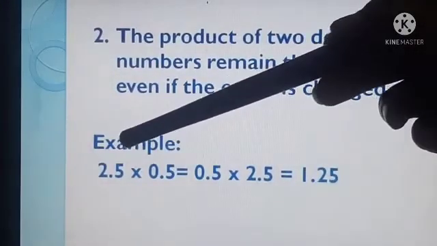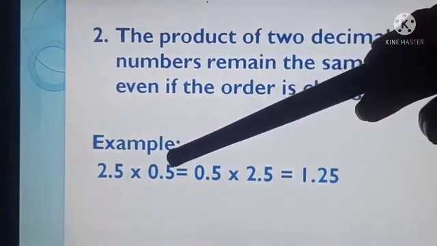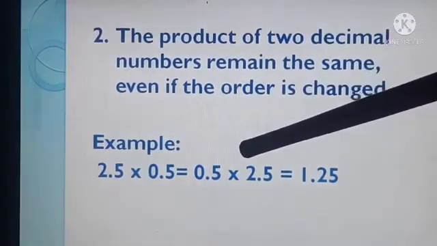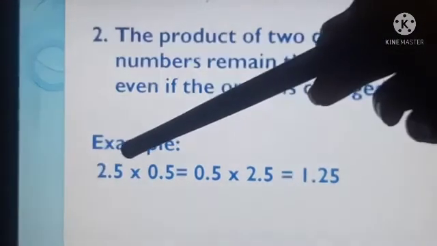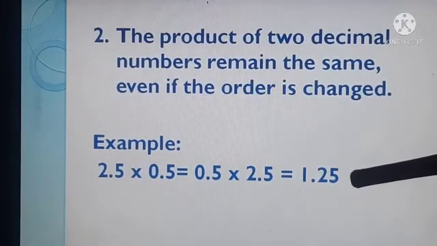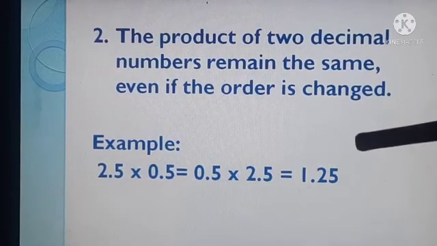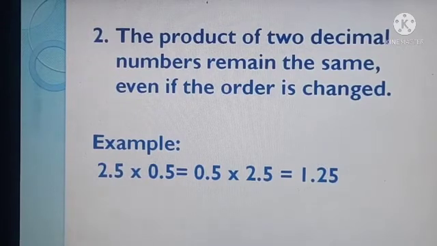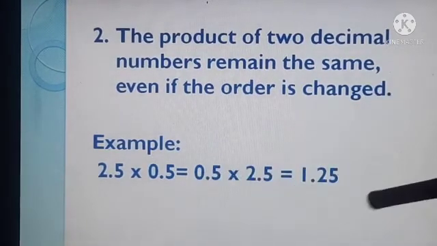If we are finding out the product, first of all we will leave decimals. 25 fives are 125. 5 multiply 25, 125. And now see after decimal how many digits are there? 1 and 2. So in our product we will start counting from last, that is 1 and 2, and now we will put decimal. So our answer is 1.25. So the product of two decimal numbers remain the same even if the order is changed.